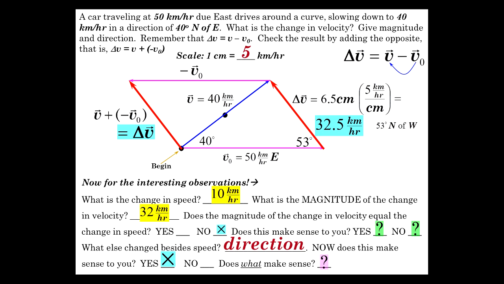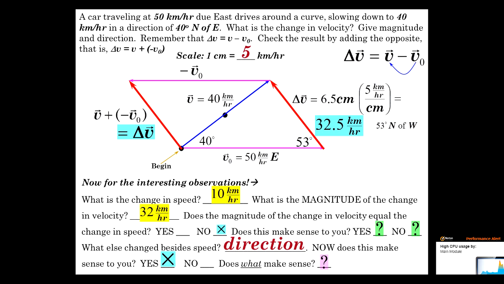And all that is borne out in practical reality when we have these kind of motional changes take place. So the fact that we also have a change in direction means the change in velocity was more. If we put this blue vector in the same direction as this and it stopped right here, then this would be 10. But because the direction has changed, now the change in velocity is actually a lot more.